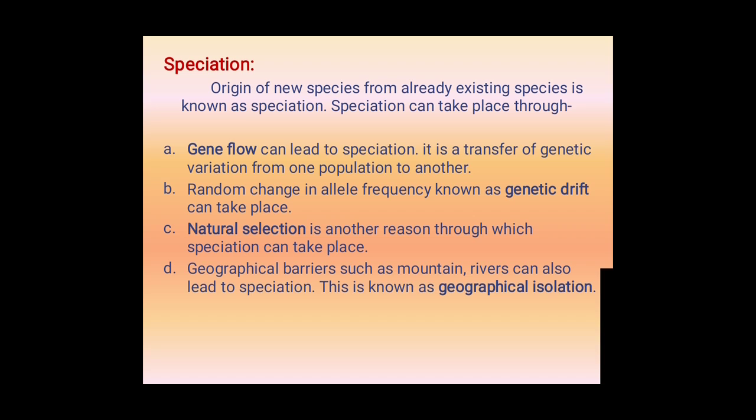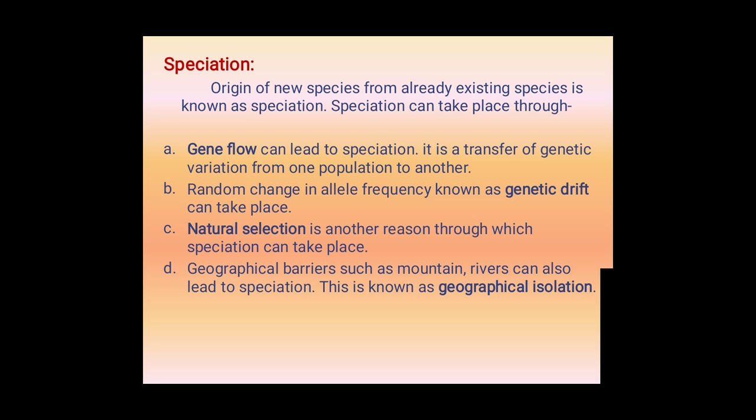Next, natural selection is another reason through which speciation can take place. Nature itself selects the organism here. Okay, next the fourth one, geographical barriers such as mountains and rivers can also lead to speciation. See here, some organisms move from this place to another place for food or for reproduction, for so many reasons.